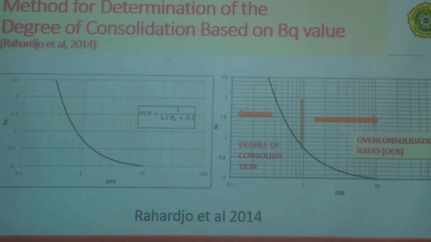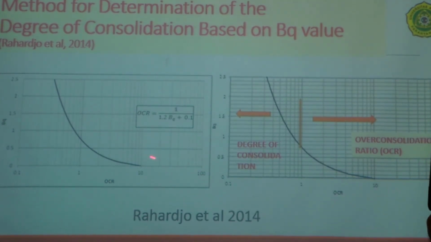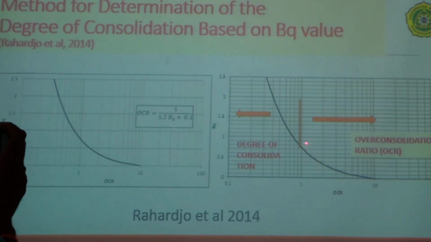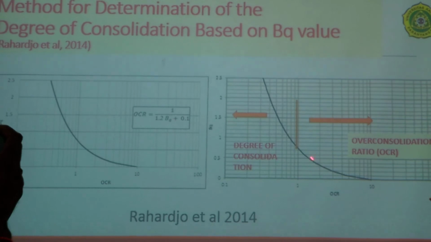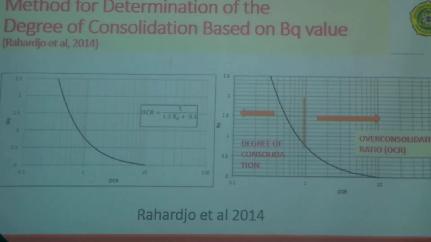This is the one that we developed. We have this OCR versus BQ value, or pressure ratio value.